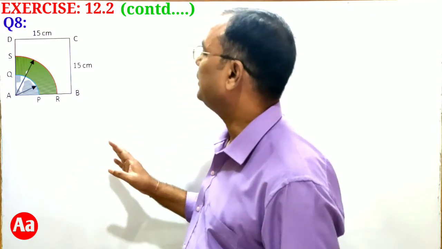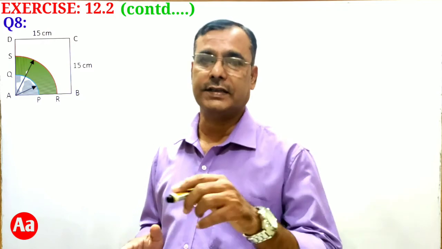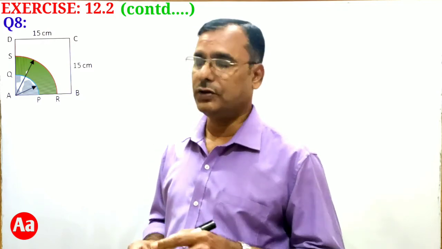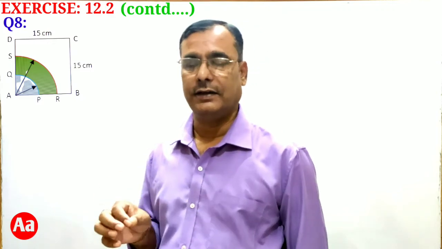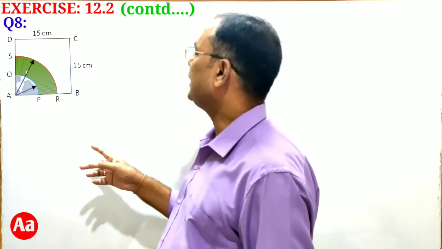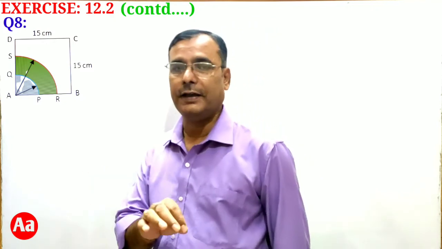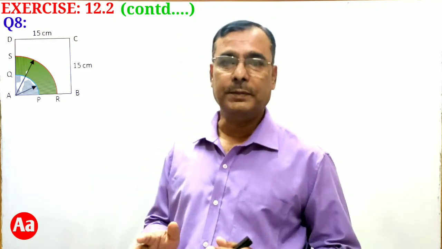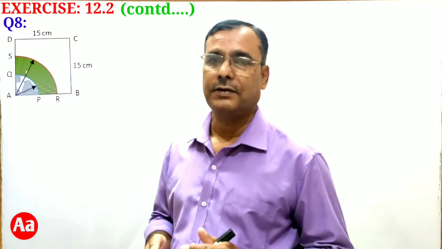Actually, that part will be a quadrant of a circle of radius 5 meter, because corner angle of a square is right angle. So this portion APQ in which the horse can graze with a 5 meter long rope will be a quadrant of a circle of radius 5 meter.